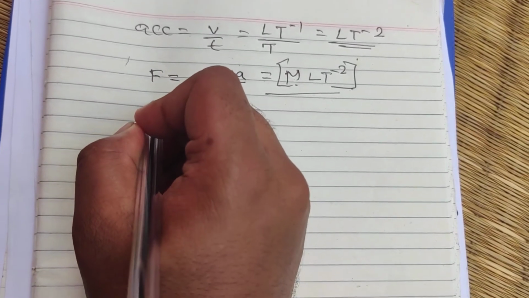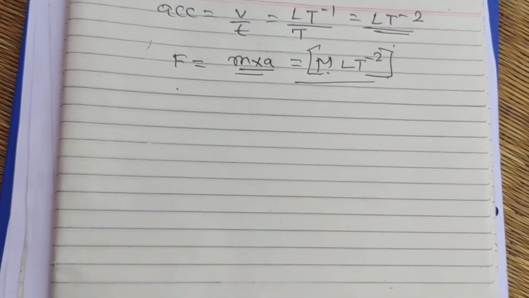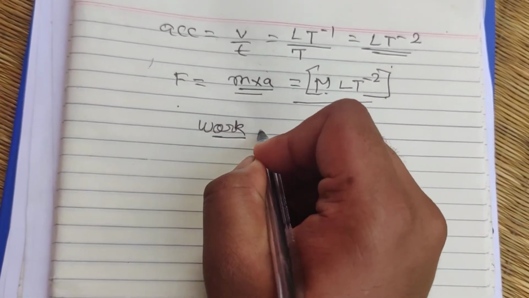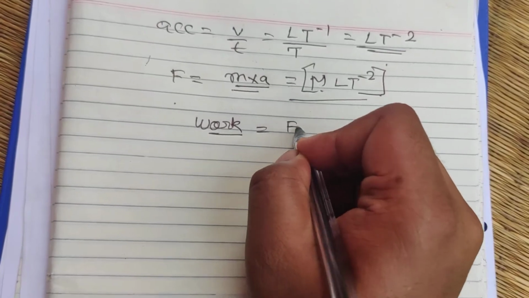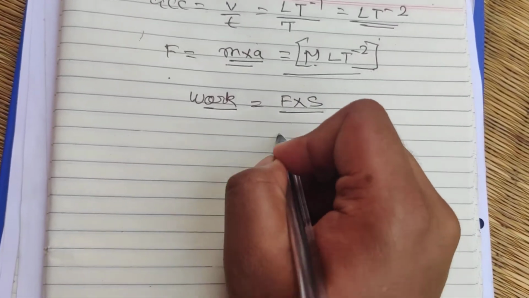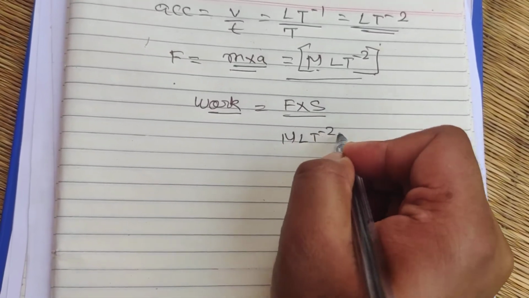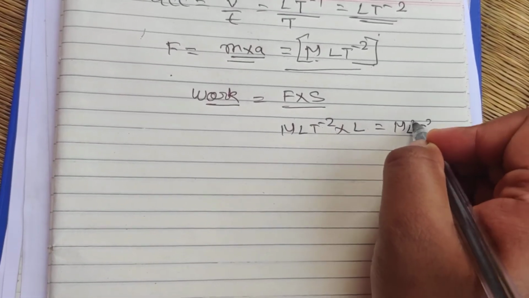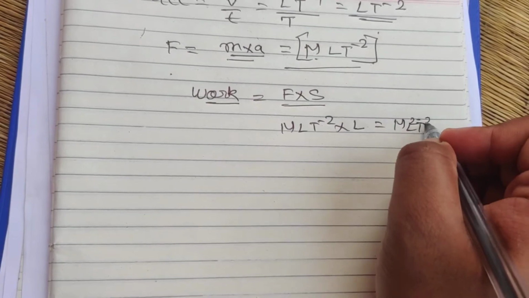Now what is the dimension of work? Work is force into distance. Force as MLT to the power minus 2 into L is equal to ML square T to the power minus 2.